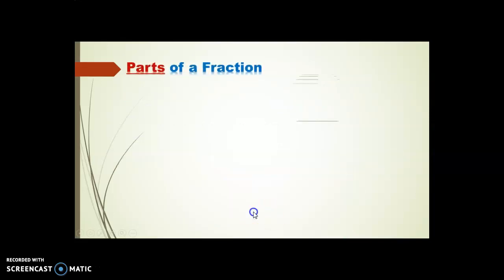What are the parts of a fraction? Here I have the circle. I divide the circle into 8 equal parts. I have some shaded parts and non-shaded parts. How many shaded parts do I have? 1, 2, 3, 4, 5, 6.